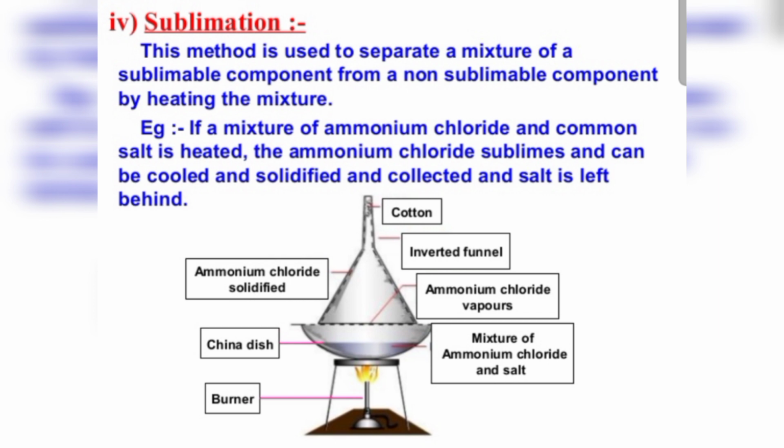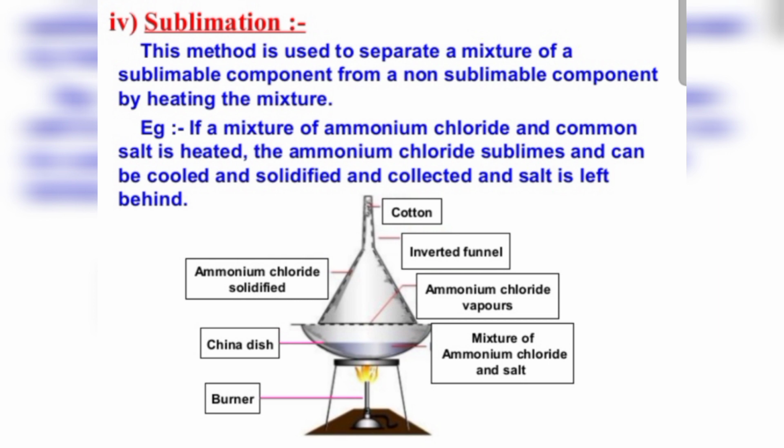So if we want to separate ammonium chloride from salt, we can apply the sublimation process. This method is based on the difference in ability to sublimate. Ammonium chloride can change directly from solid to gas on heating, whereas common salt cannot. So if you want to separate ammonium chloride and common salt, we can apply the sublimation process.